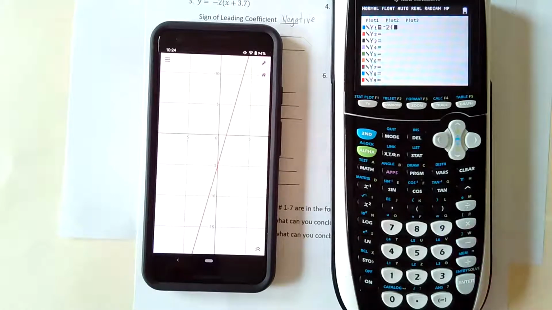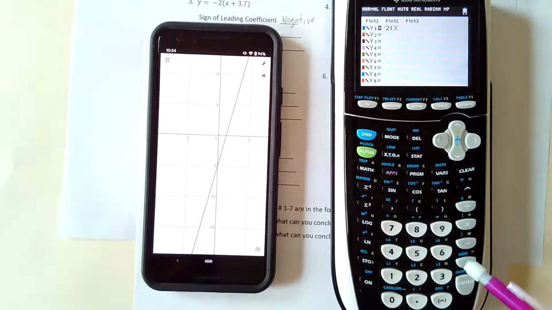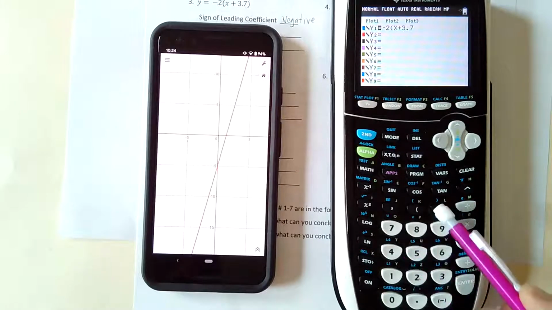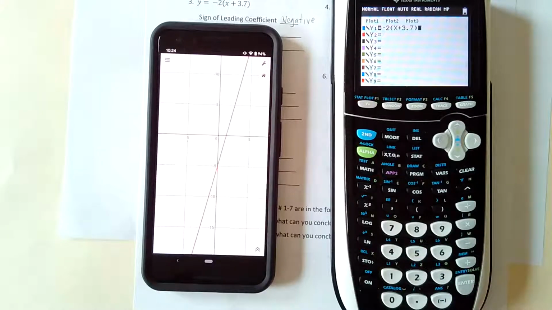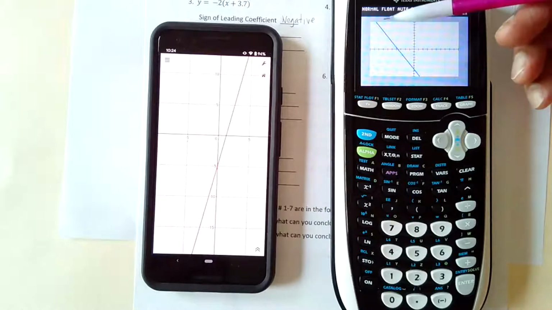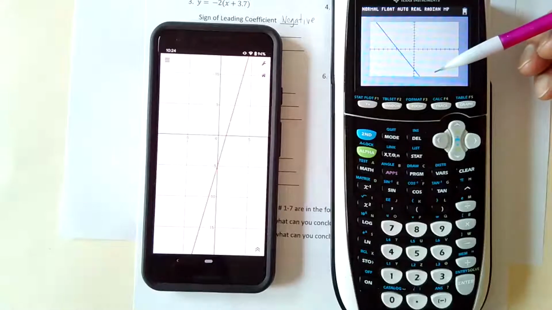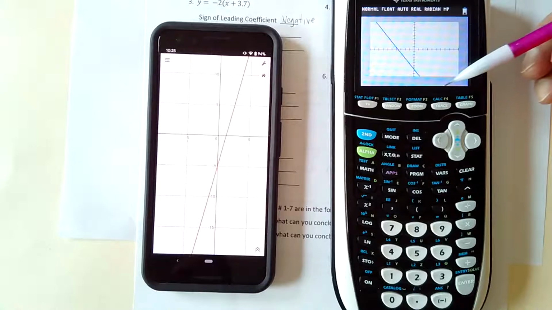Open bracket, x plus 3.7, close bracket. Now you press graph. So what we suspected is from quadrant 2 to quadrant 4, it's going down, it's decreasing.